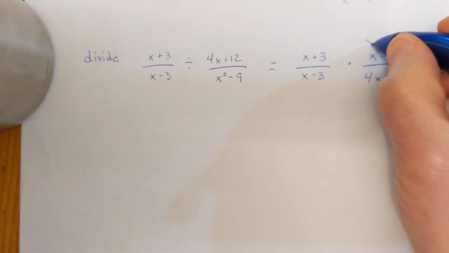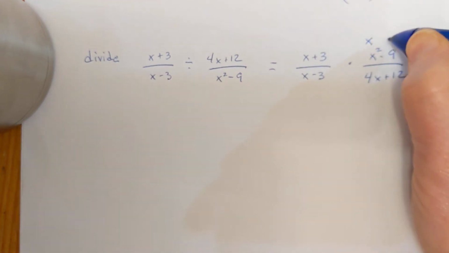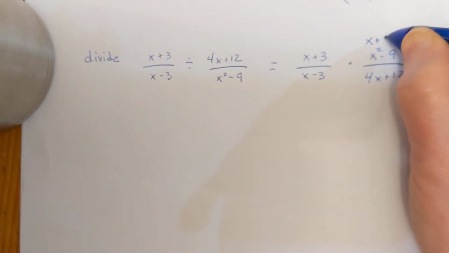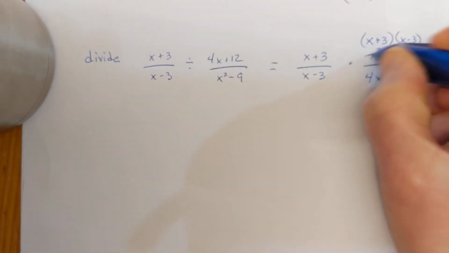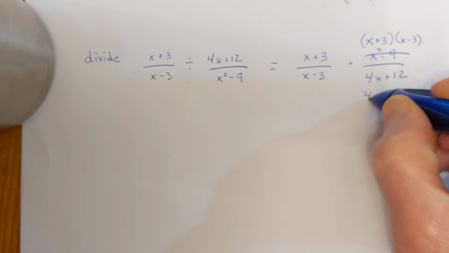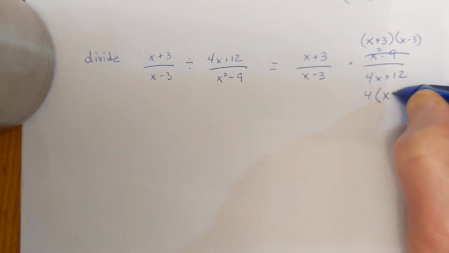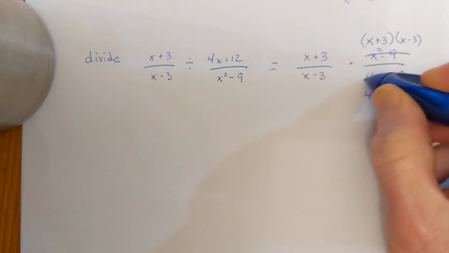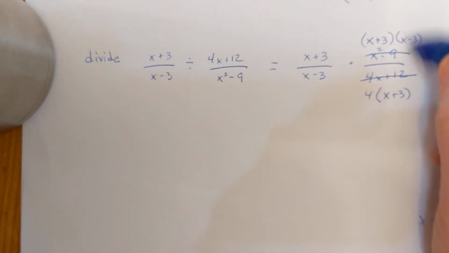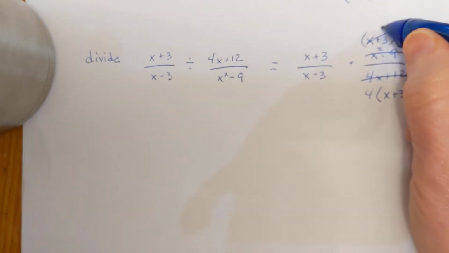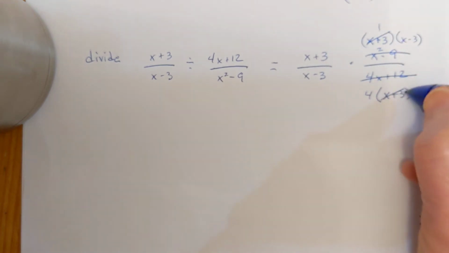And you can start canceling here. X squared minus 9 factors into x plus 3 times x minus 3. 4x plus 12 factors as 4 times x plus 3. I can divide out x plus 3 with x plus 3.